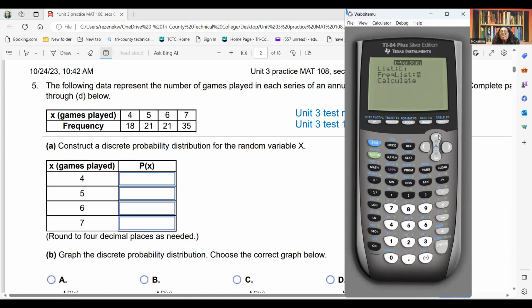Because I have frequency in L2, I put frequencies in L2 and I hit enter.